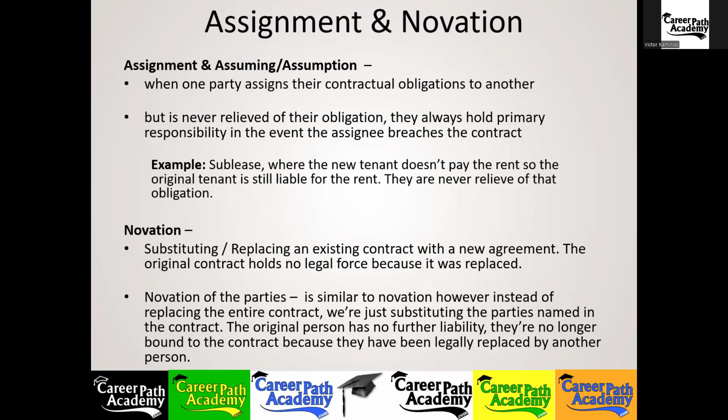It's the same kind of deal, except instead of replacing the whole contract, you're replacing the person named in the contract with someone else. So the original person in the contract no longer has any legal obligations.